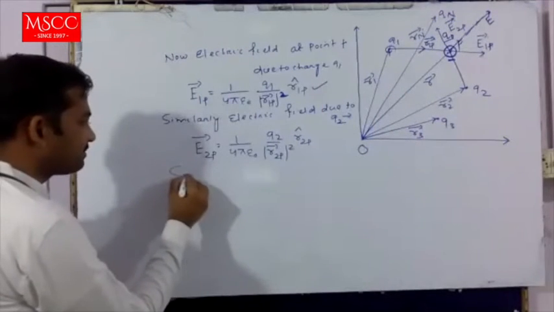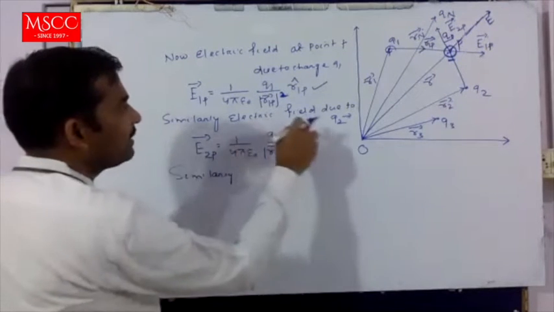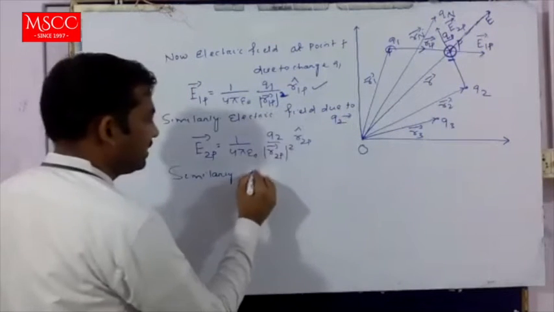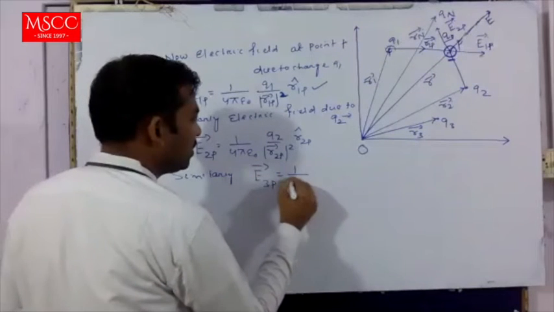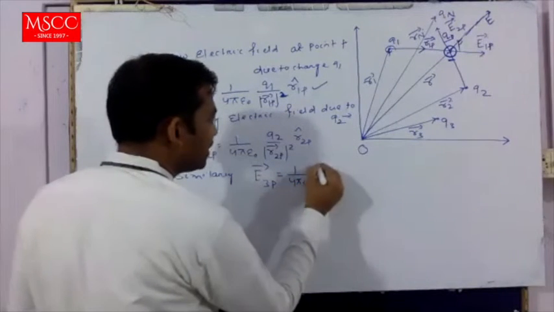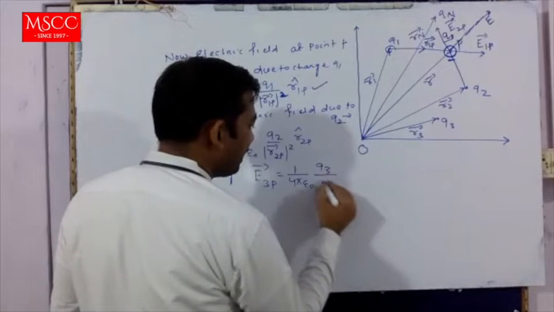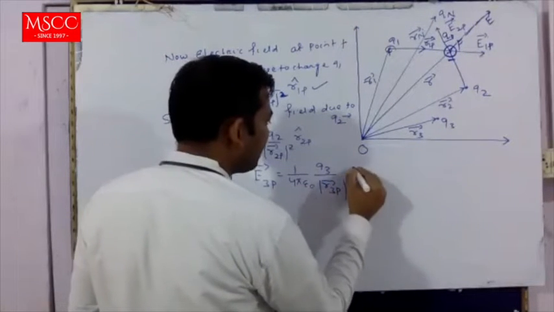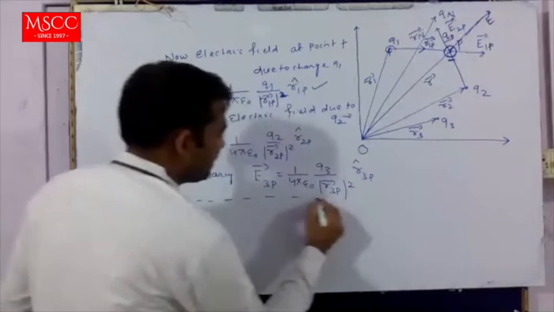Similarly, for electric field due to Q3, E3P equals 1 by 4 pi epsilon 0 Q3 by R3P square R3P cap, and so on.